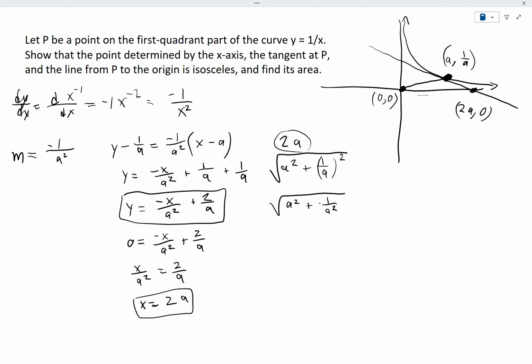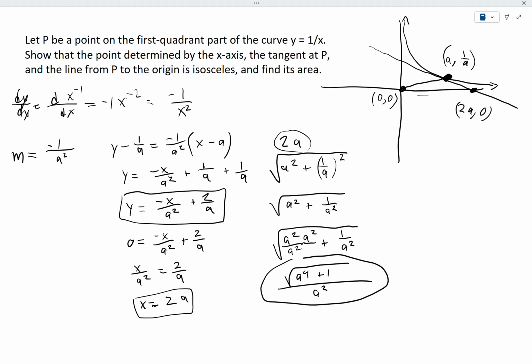And that can simplify down a little bit. We can multiply the top and bottom by something, pull out a common factor, which I'll do. So this will be the root of a squared times a squared over a squared plus 1 over a squared. So I just multiplied and divided by the same factor over here. And I can pull out this factor of a squared in the denominator. So this becomes the root of a to the fourth plus 1 all over a squared. So that's my other side length.